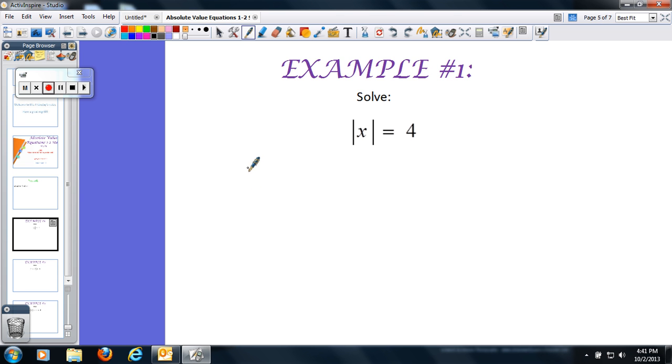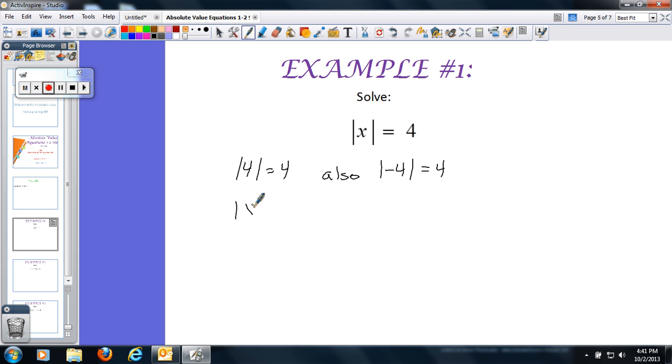So I know, for example, that the absolute value of 4 equals 4. But I also know that if I put negative 4 in here, the absolute value of negative 4 is also 4. Okay? So for an easy problem like this, I'm going to show you in terms of x.